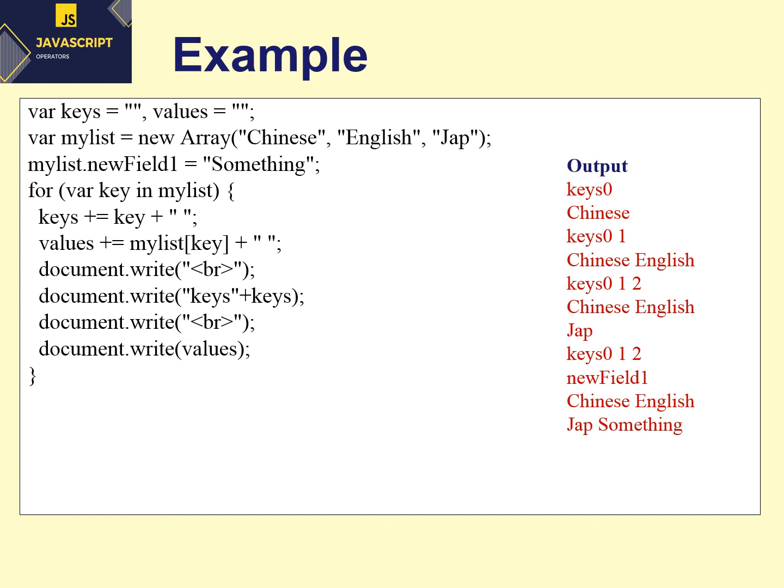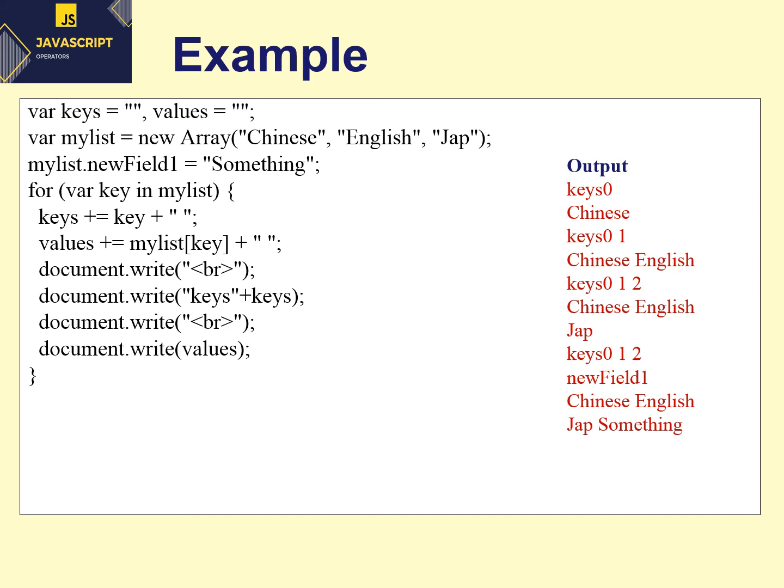Then after that, the third expression, mylist.newfield1 is equal to something. Mylist is actually an array. Dot newfield1 means we are adding one more index to the corresponding array.